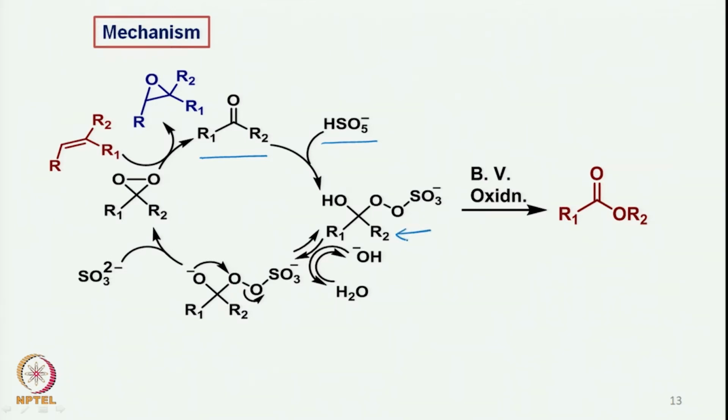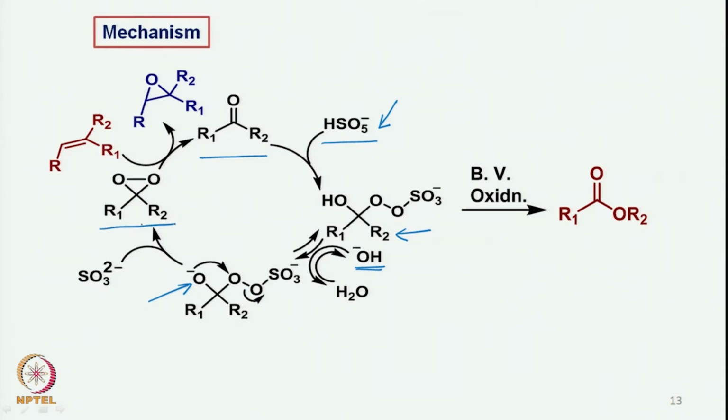Now this intermediate is formed because of the attack of the peroxysulfate moiety, and now under basic condition the OH minus takes up the proton from here to form this O minus, and that under intramolecular condition opens up to form the dioxirane here.